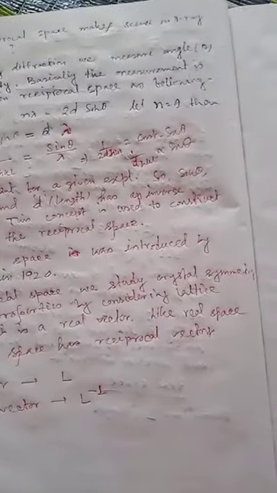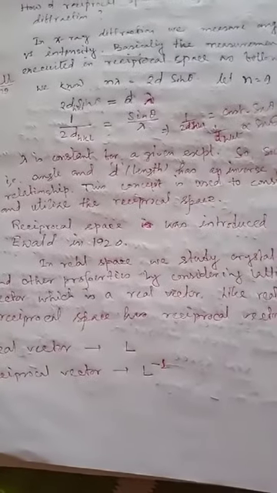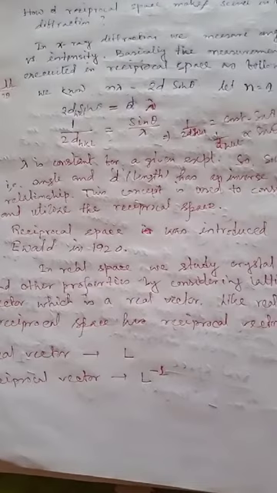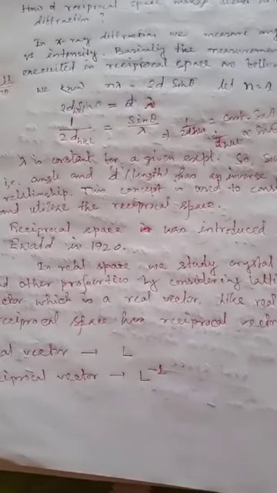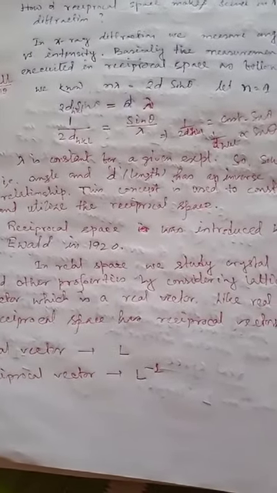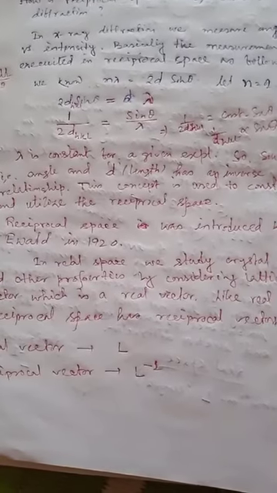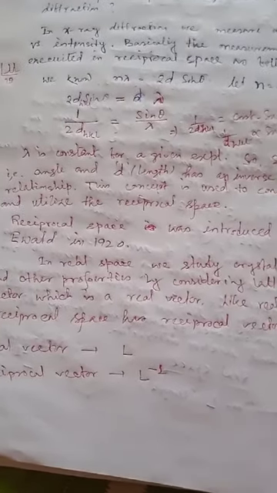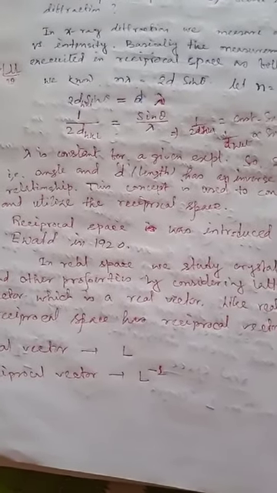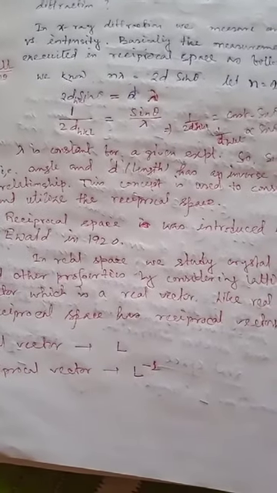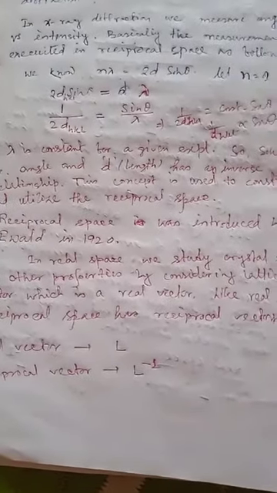In real space, we have seen lattice points, Miller indices, and all the things where the lengths of the cell, that is A, B, C, are all in real space.